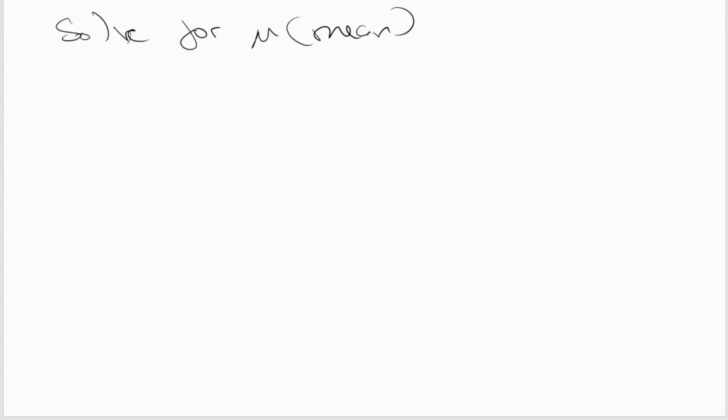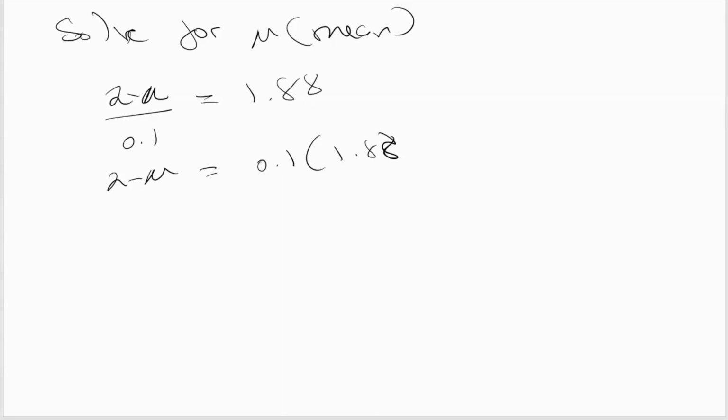With 2 minus mu over 0.1 equals 1.88, here 2 minus mu is equal to 0.1 times 1.88, which is equal to 0.188.